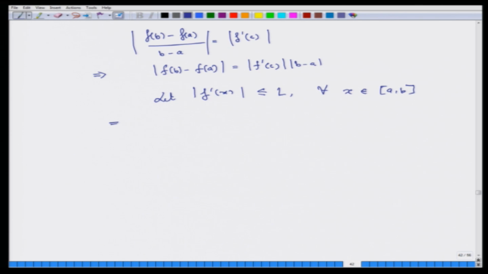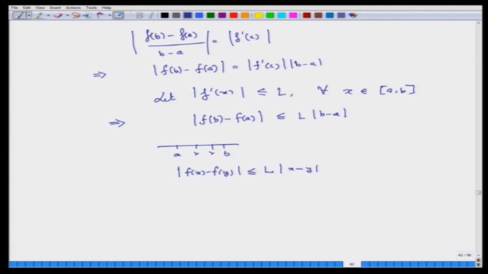This implies the following: mod of f b minus f a is less than or equal to L times b minus a. Now, it does not matter whatever x and y you choose between a and b. You take any x and y between a and b, I can always show that mod of f x minus f y is less than or equal to L, the same L, times mod of x minus y.